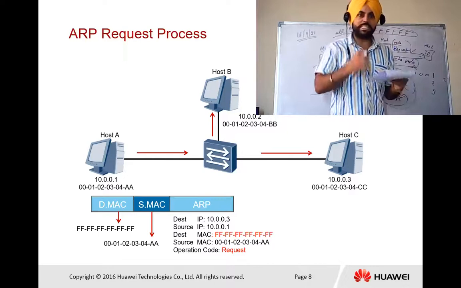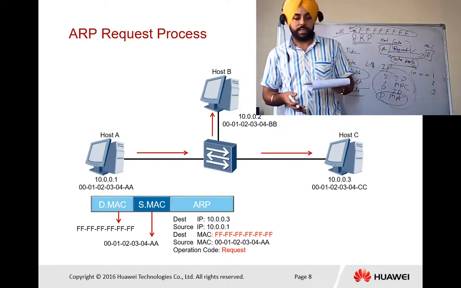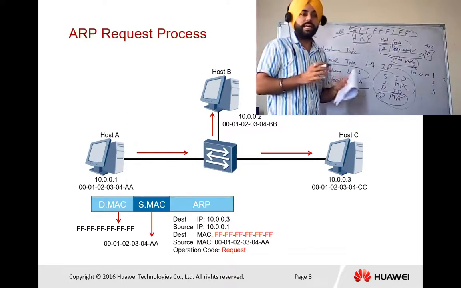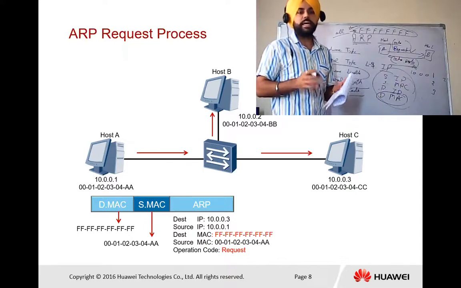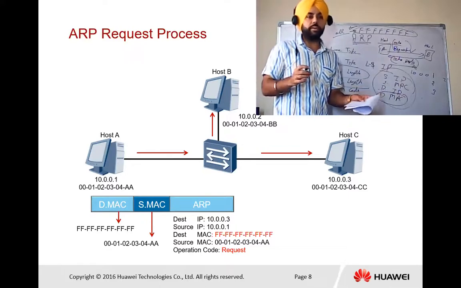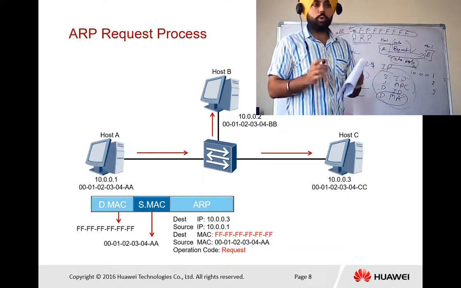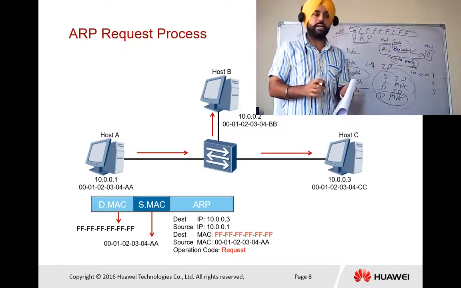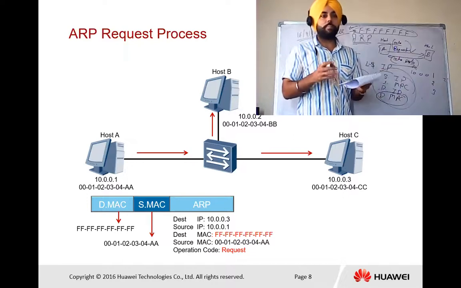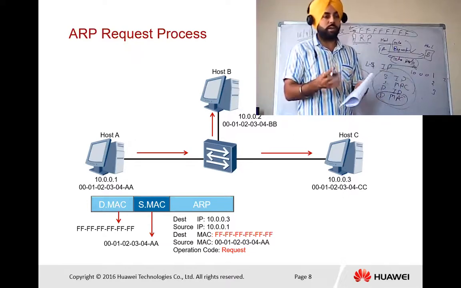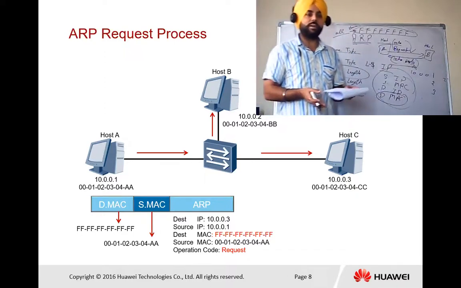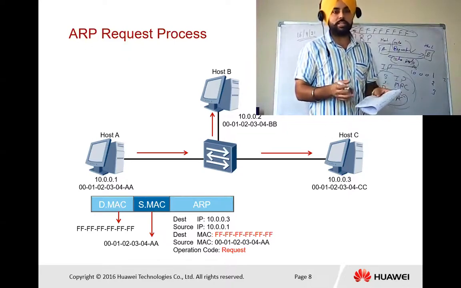Then only host C will reply, because, as shown in the image, the destination IP address is 10.0.3. That is why only host C replies back to host A. But host B also receives the same packet, and it will discard it. Why? Because the MAC address is broadcast, it receives the packet, but it does not open it, because the destination IP address is different.